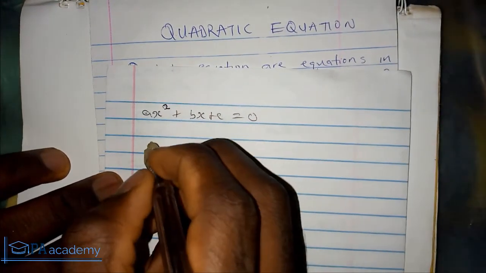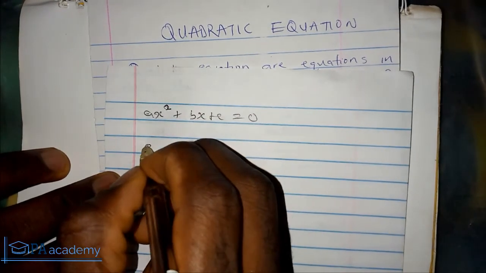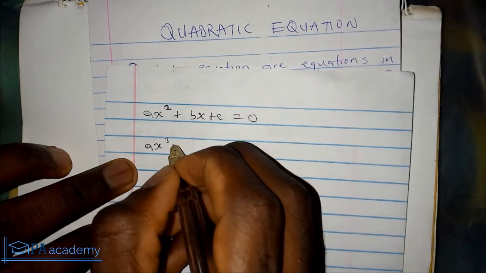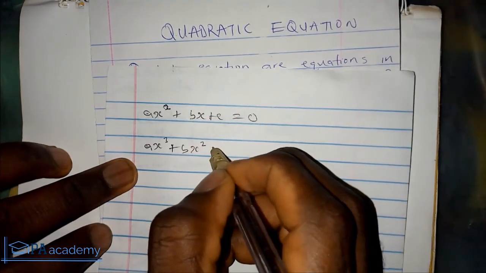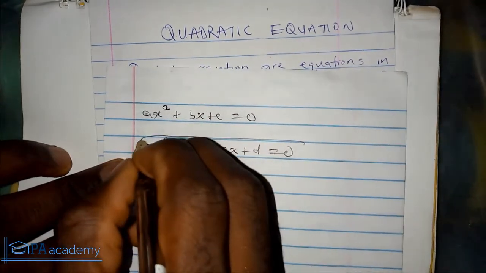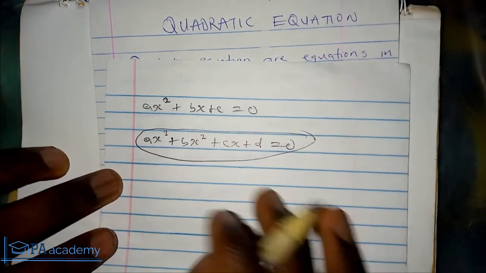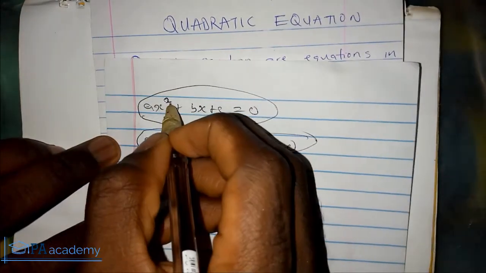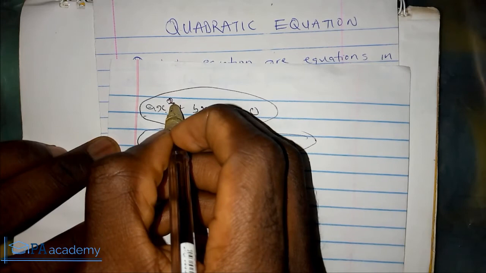So if you come across something like ax raised to power 3 plus bx squared plus cx plus d equals 0, this is no longer a quadratic equation. This is a polynomial. But this is what we are looking at when the highest power of x is 2.